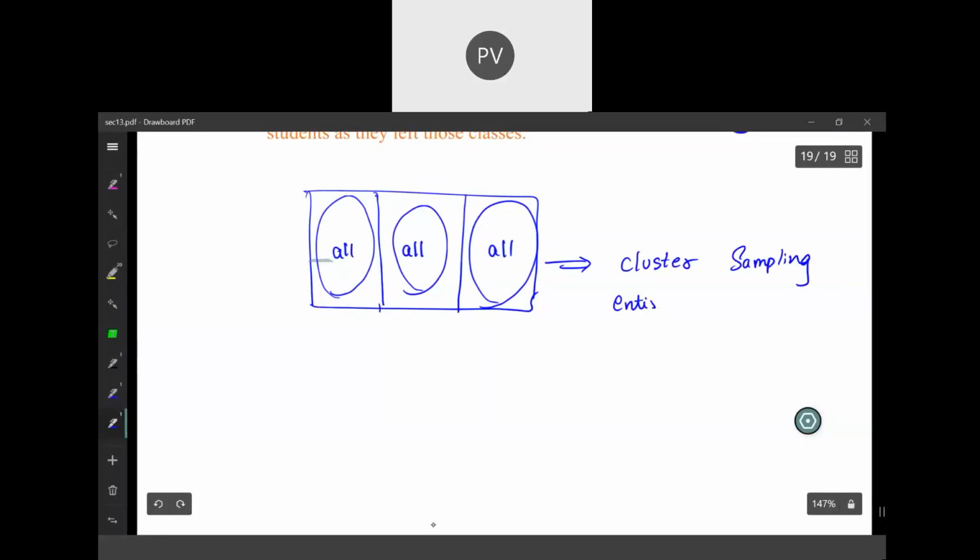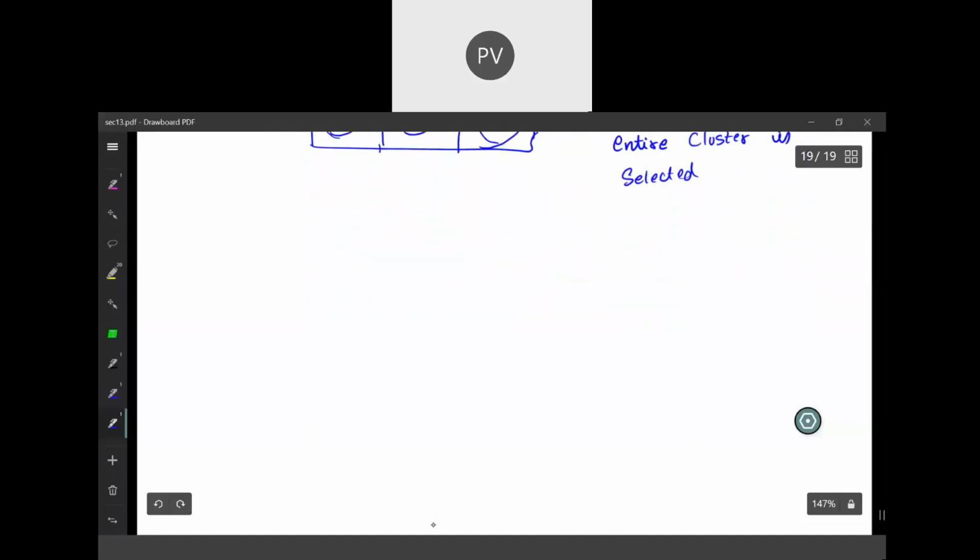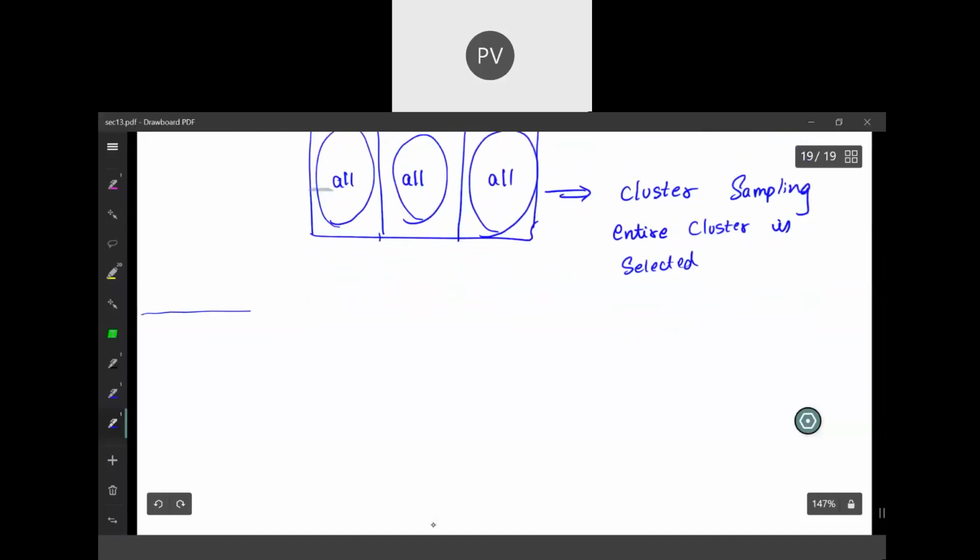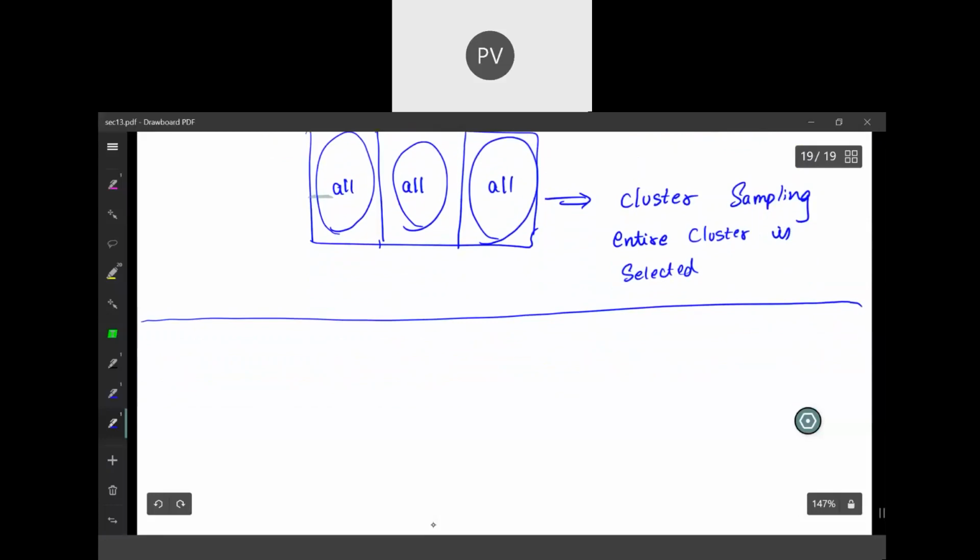Entire group, or entire cluster, selected. Okay, so those are a few examples.